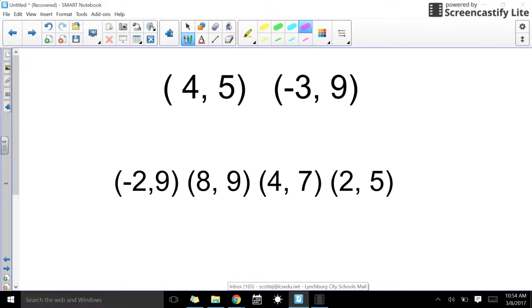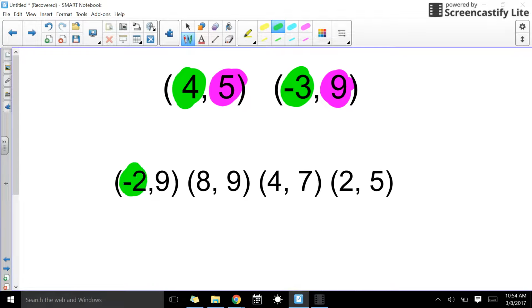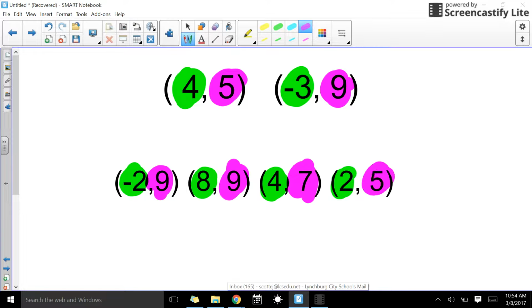In this set of points, my domain is 4 and -3. My range is 5 and 9. Okay, here my domain is -2, 8, 4, and 2, and my ranges are 9, 9, 7, and 5.